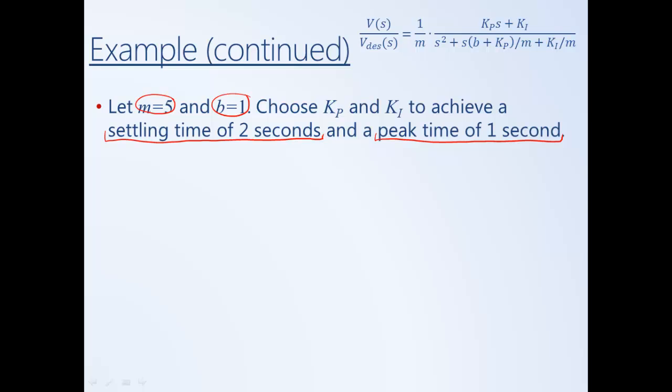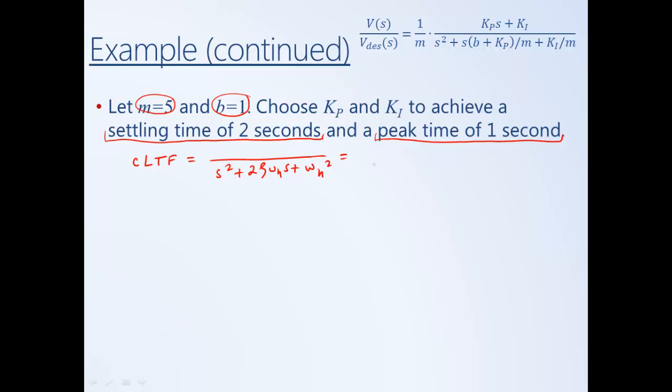So looking at our system, matching it to the canonical second order form, we're going to have a denominator s squared plus 2 zeta omega n s plus omega n squared.